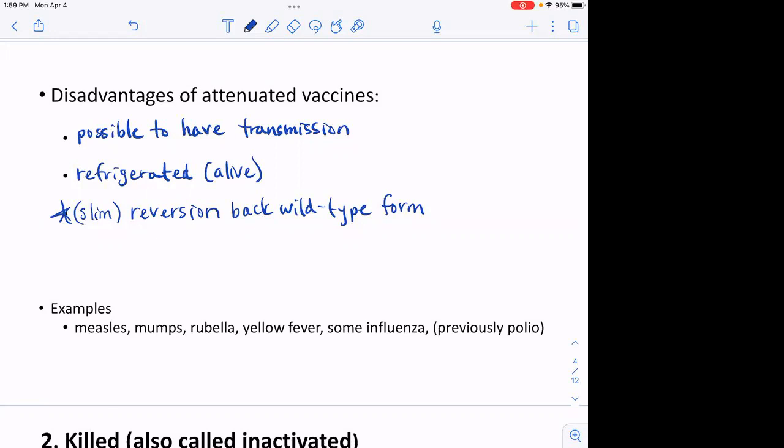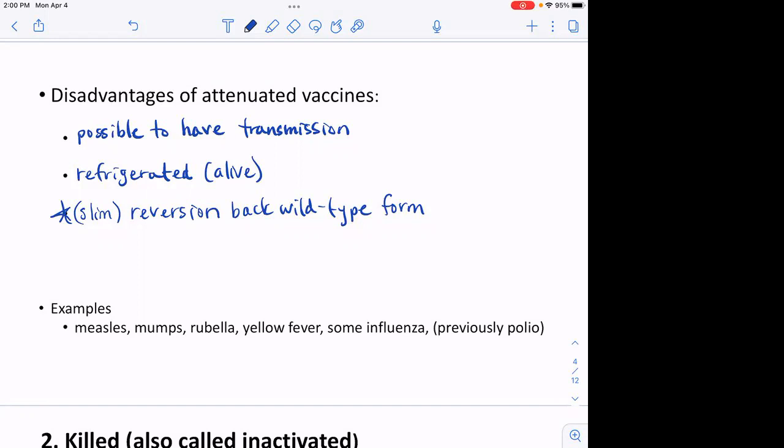So for that reason, we don't use that vaccine anymore. We use the other one that maybe is not quite as good, but again, there's no possibility that you can get polio from it because the agent is actually killed. So in general, we don't use attenuated vaccines unless we don't have anything else that works.